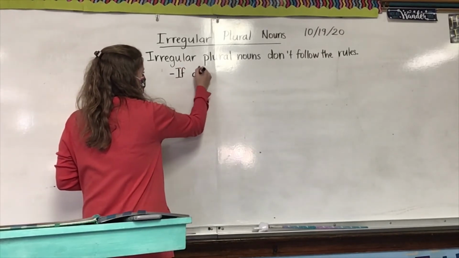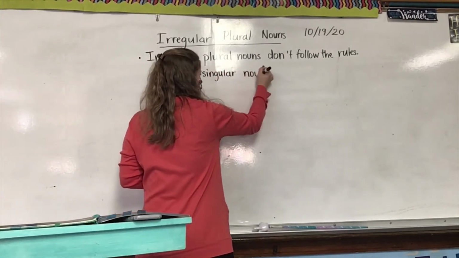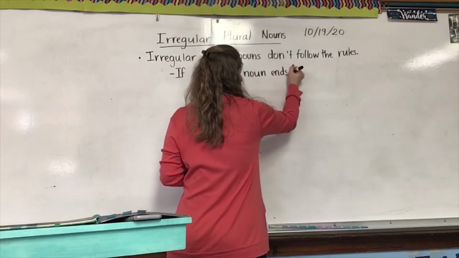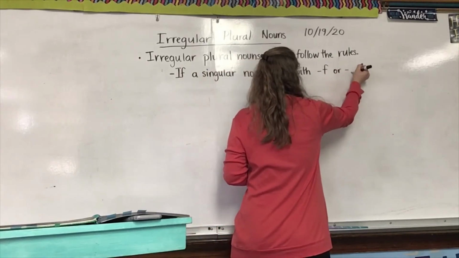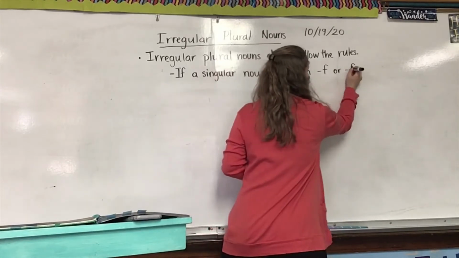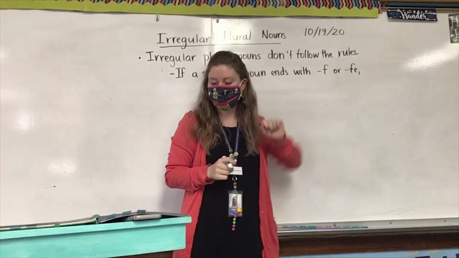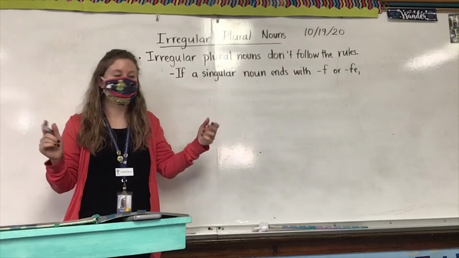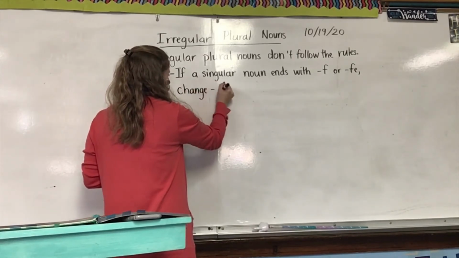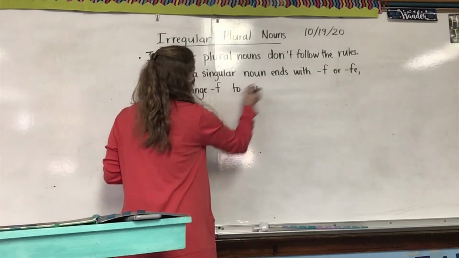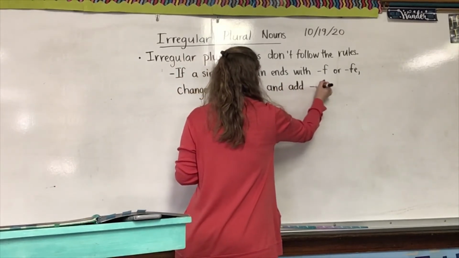If a singular noun ends with the letter F or the letters F-E, we saw this in the video, change the letter F to the letter V and add ES.